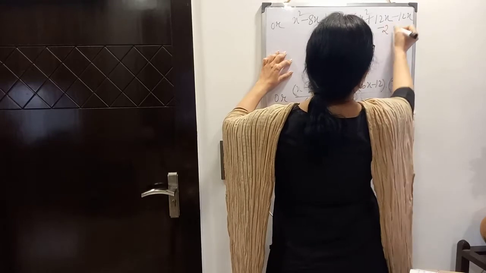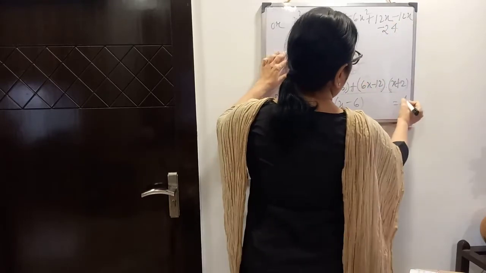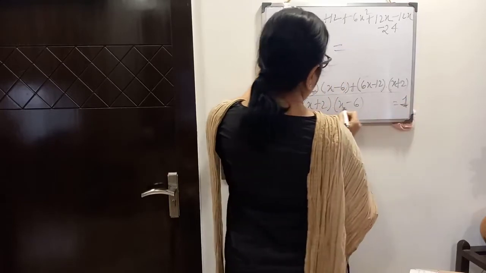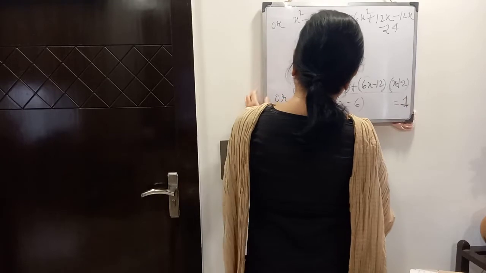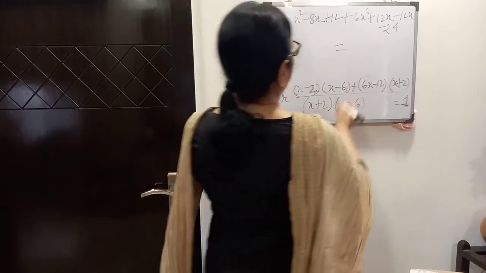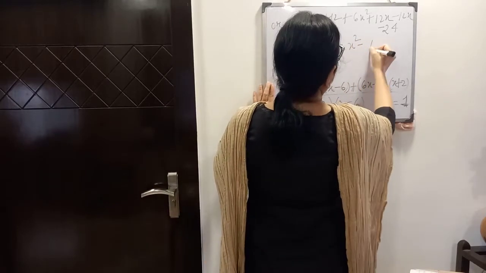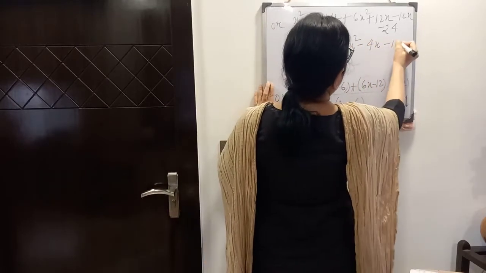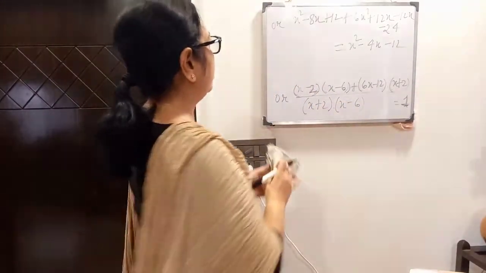minus 24 equals to, again this into 1. Directly after opening the bracket I am doing the cross multiplication. So from here what you will get, see, x square plus 2x minus 6x. So we can write here x square minus 4x minus 12. Clear? One more step you will do.